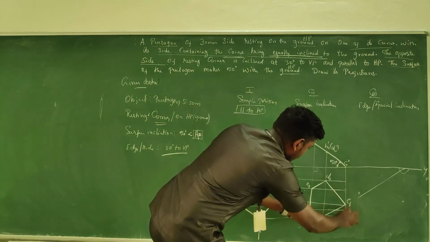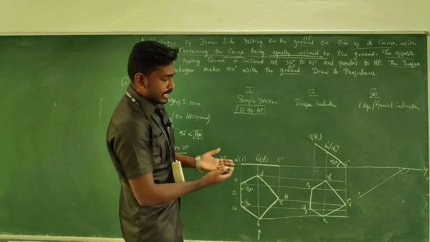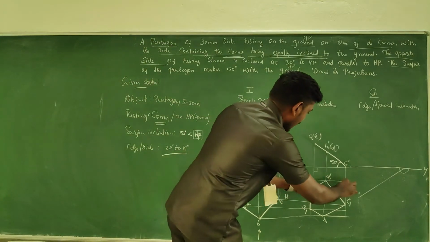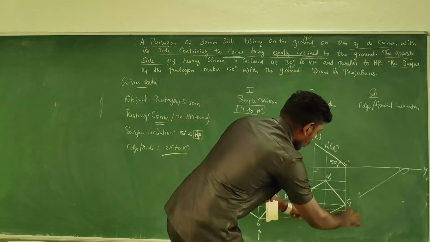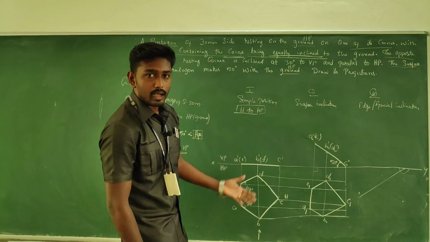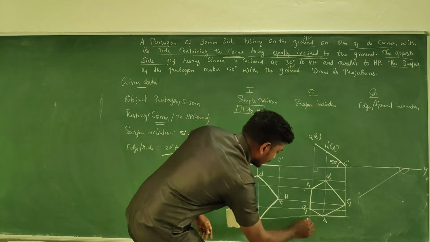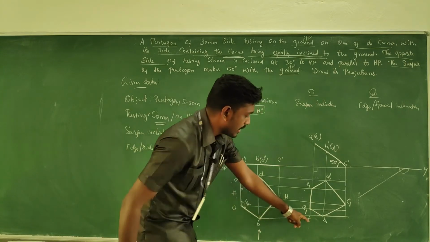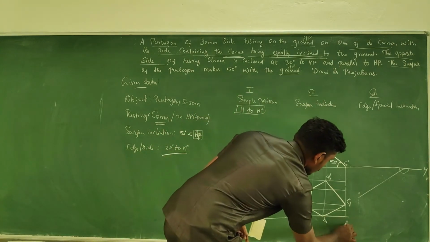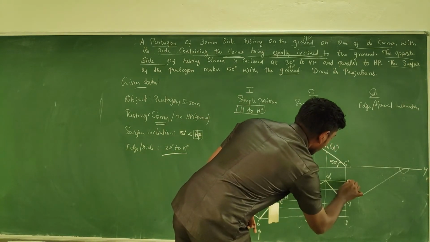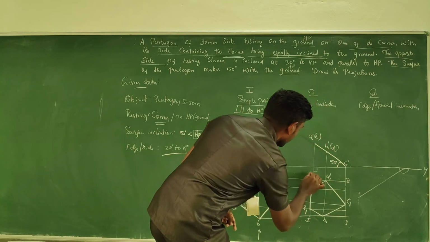See here, you can find the rectangle. We can see the boundary for the pentagon. So I am going to give names for each and every corner. This is 1, this is 2. This is 3 and this is 4.